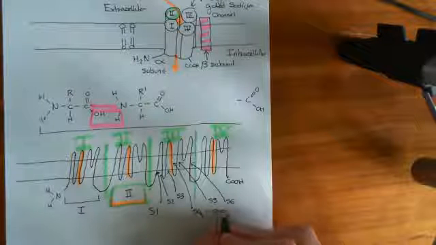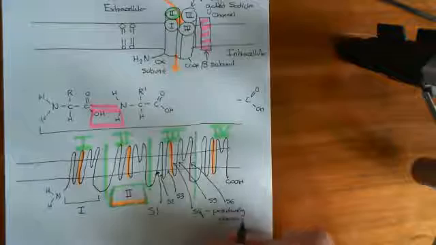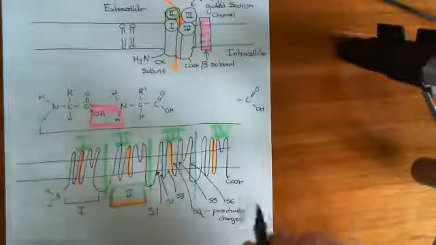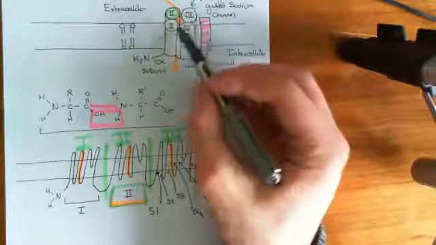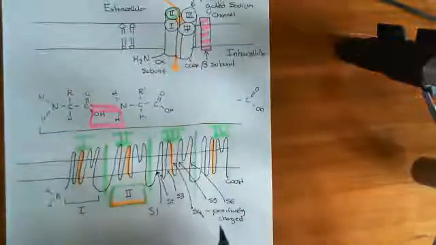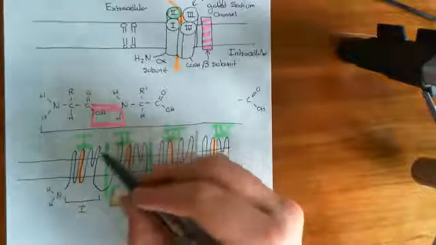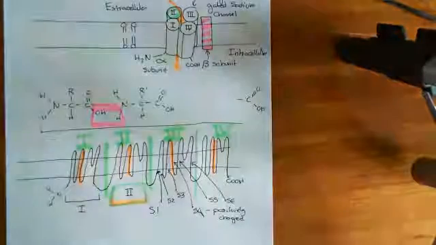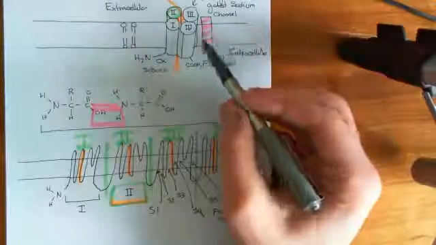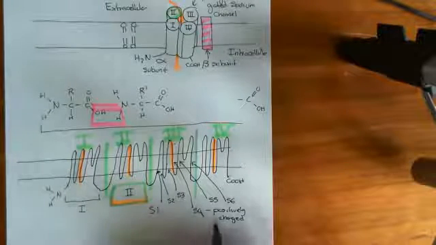So S4 is positively charged, and these S4s all line the pore, basically, of the sodium channel. Oh sorry, no, that's not correct. S4 is the one that is voltage sensitive. S4 does not line the pore. It's S5 that lines the pore.